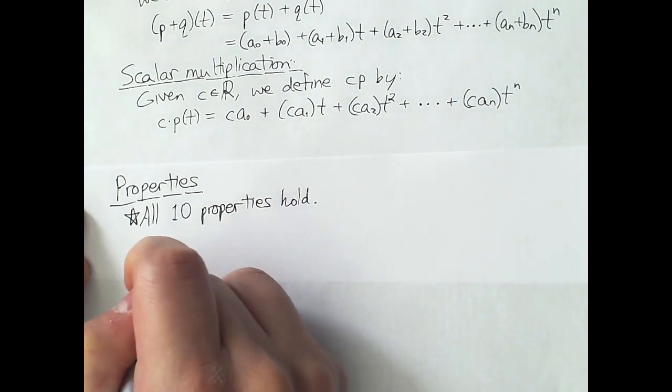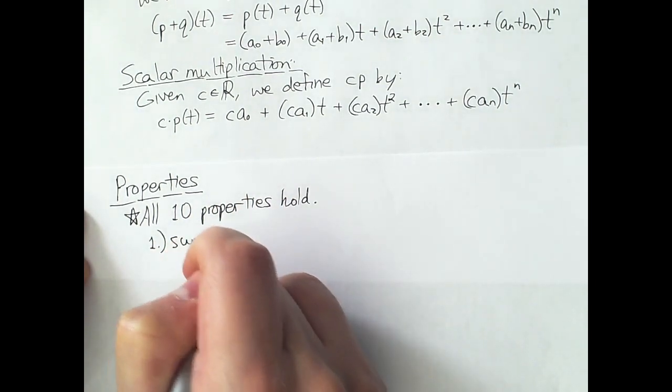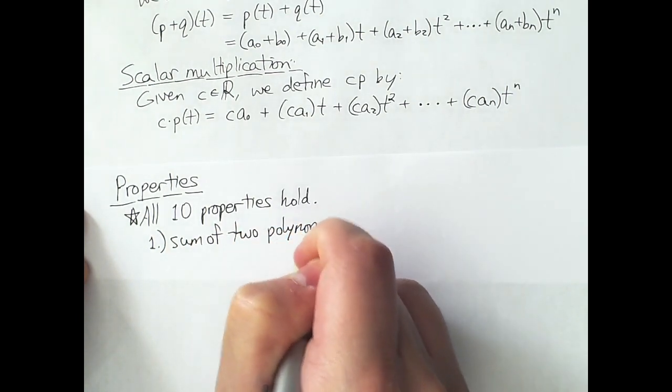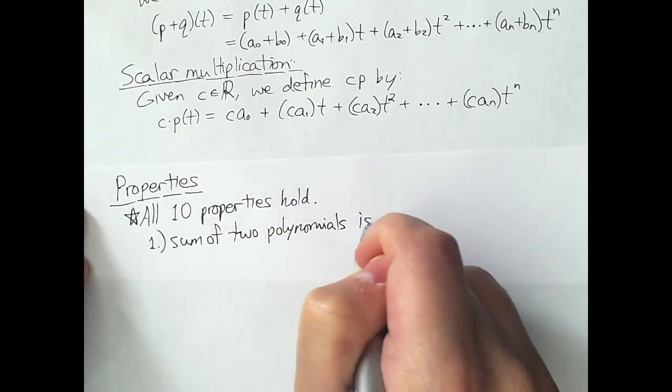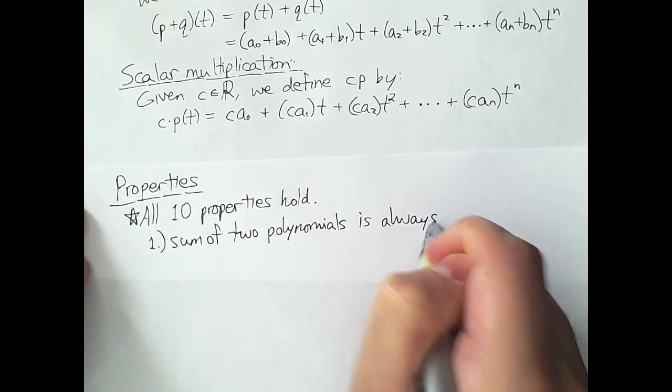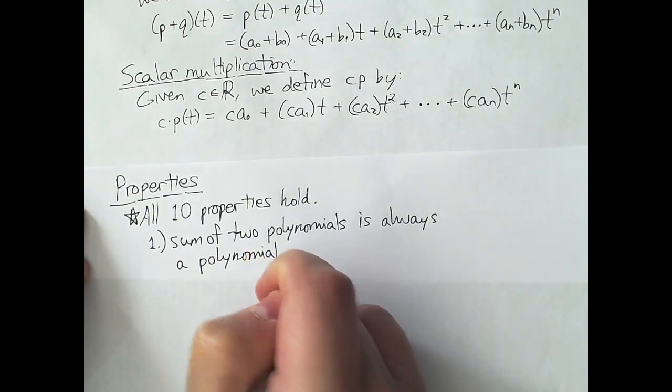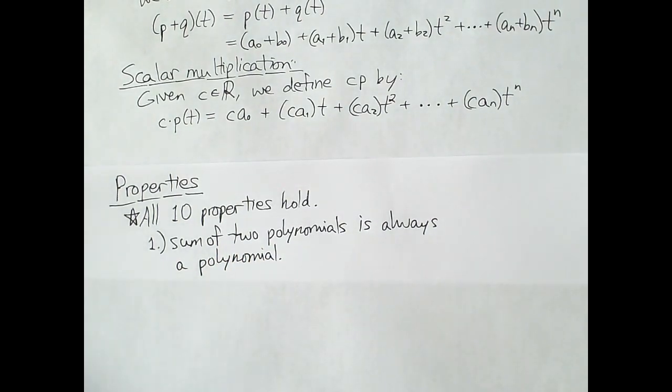So property number 1, the sum of two polynomials is always a polynomial. That's important because we're not just saying that you can add any two polynomials together. What we're saying is that when you add them together, the result is still a polynomial. You're never going to add two polynomials and get some different kind of object.